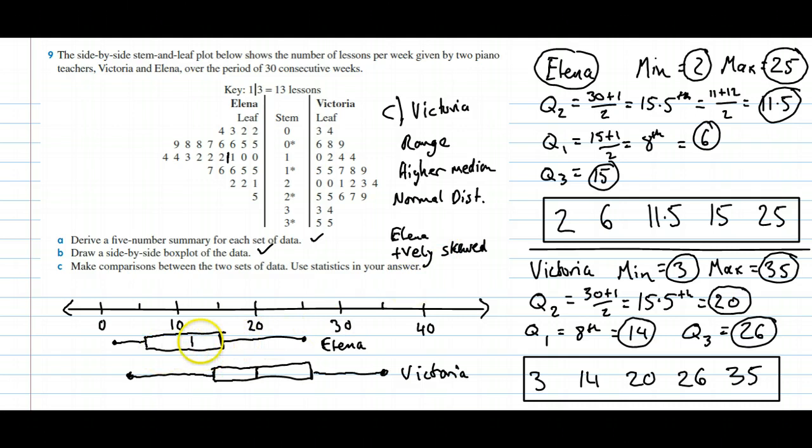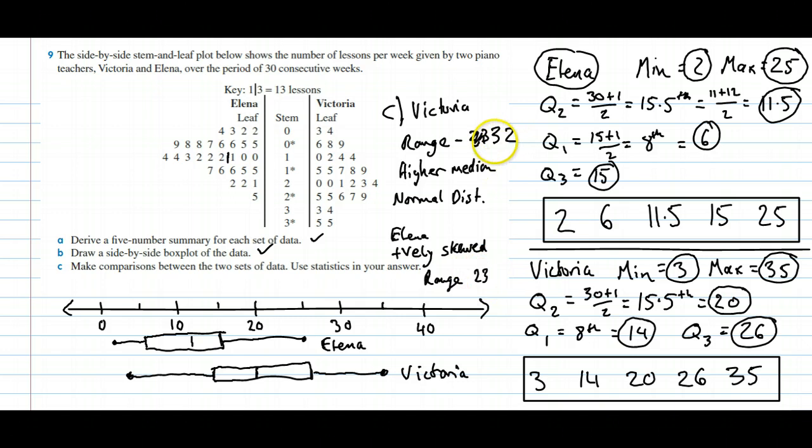That's Elena's data because it's a little bit over to the left, which, as you should know by now, is the opposite of what you would think. Instead of being called negatively skewed because it's down the negative end, it's called positively skewed. And as far as statistics go, the range for Victoria was 32, and the range for Elena was 23.